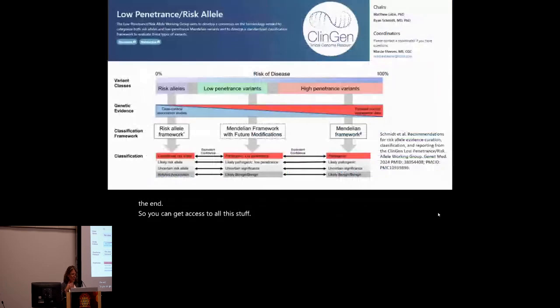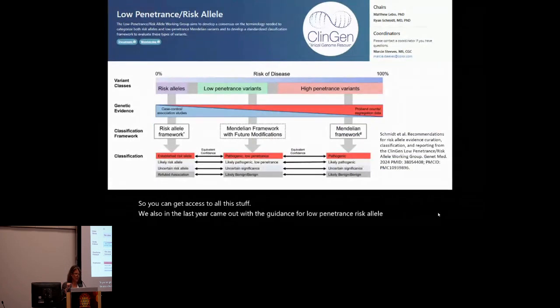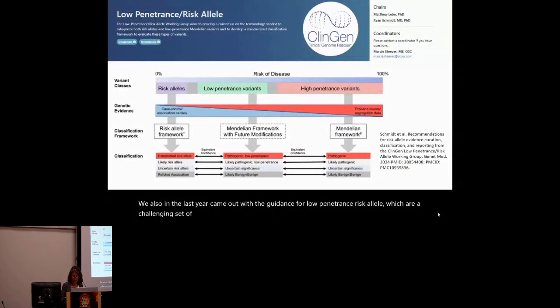We also, in the last year, came out with the guidance for low penetrance risk alleles, which are a challenging set of variants. I won't go into too much depth, but happy to answer questions about that.